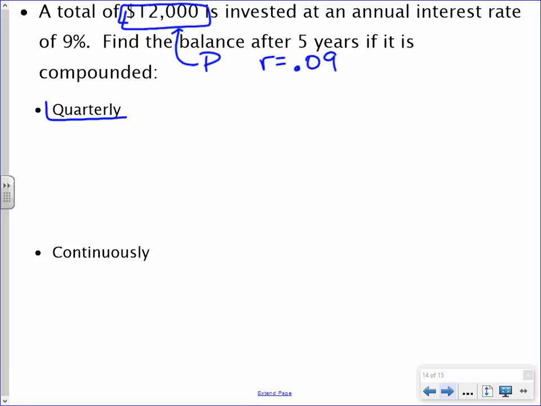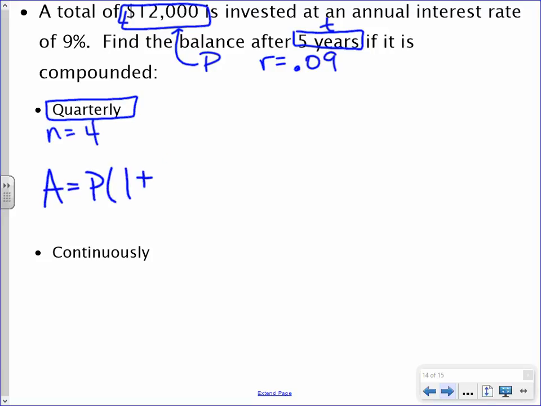If we are compounded, let's look at this. 5 years, what is that? That's T. If we are compounded quarterly, how many times per year is that? That is 4 times per year. So, A equals P times 1 plus R over N raised to the NT.